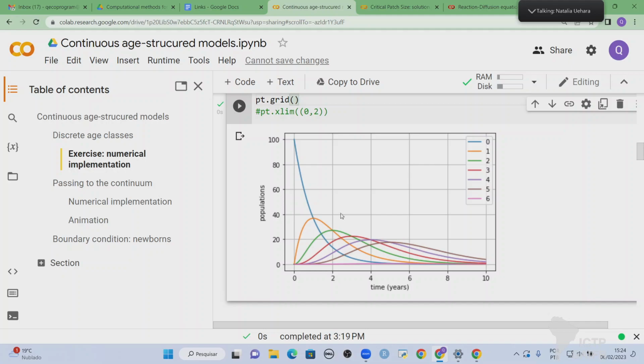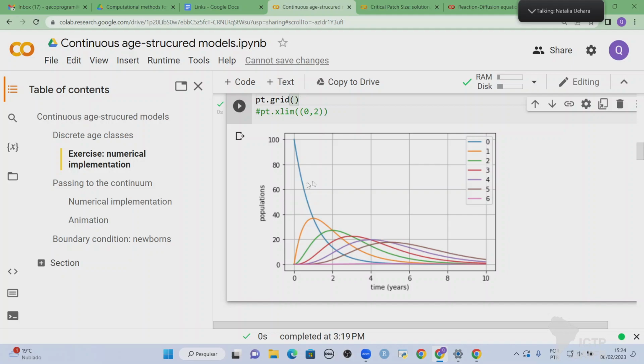Because instead of going from 0 directly to 1 year, maybe if I had a lot of age bins, I would have to go from 0 to 1 month, then 1 to 2 months, then 2 months to 3 months, 3 months to 4 months, and so on. I have to go over all of them. And this in fact happens.